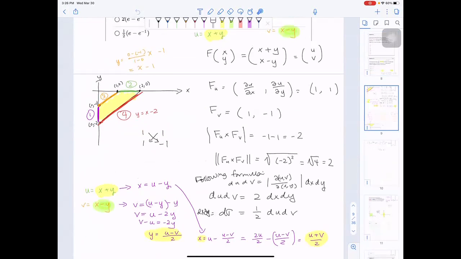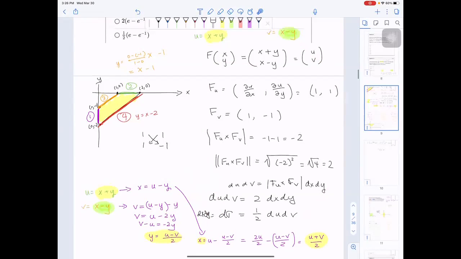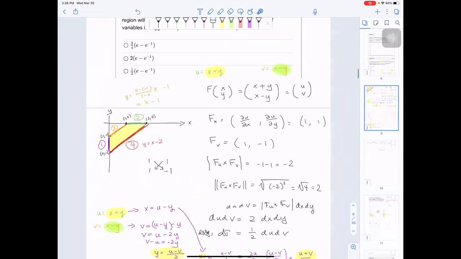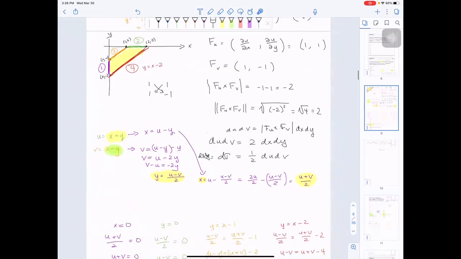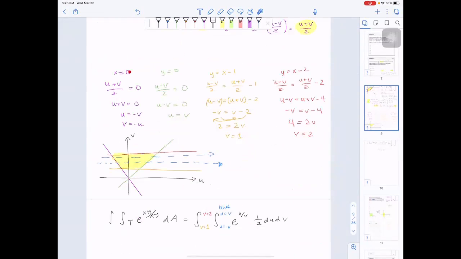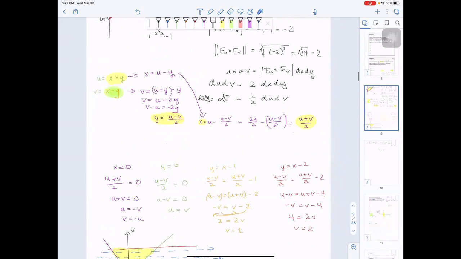Oh, okay. Maybe this is why. For the surface integral, it's not following the formula. This is just fu cross fv. So this is the surface integral thing. Okay, but we also converted x to u and v. So where is the process where we adjust that? When we're finding the bounds. But don't we have to find the determinant and multiply or divide, like we did in the other question?